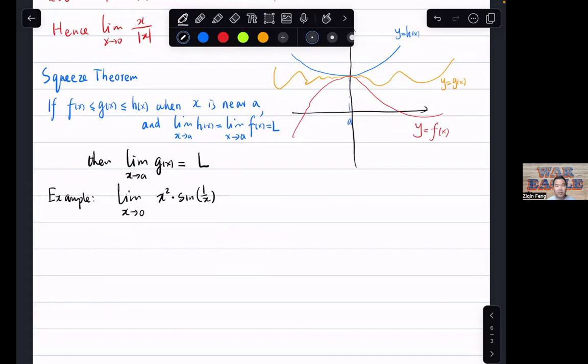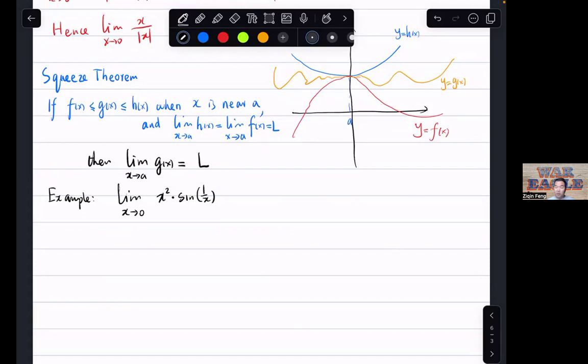If you plug in 0, you get 1 over 0, which does not exist. And you cannot cancel x in the denominator because whatever is inside the sine function cannot be canceled outside, which is against our algebra rules. So all our methods discussed before don't work.